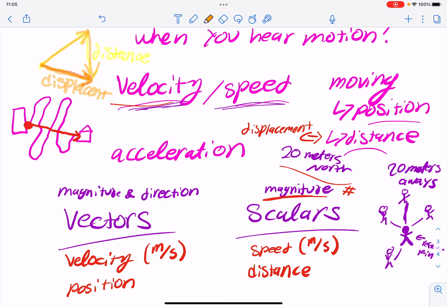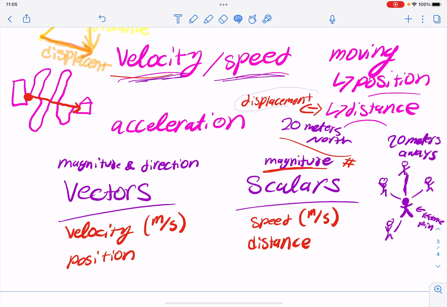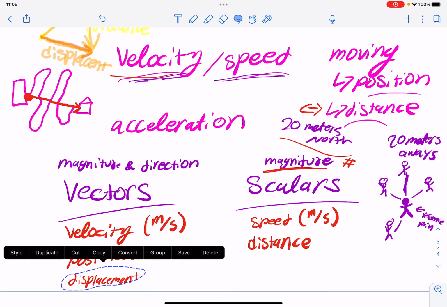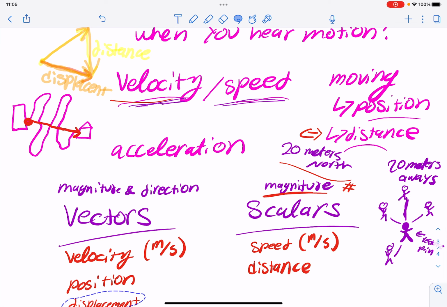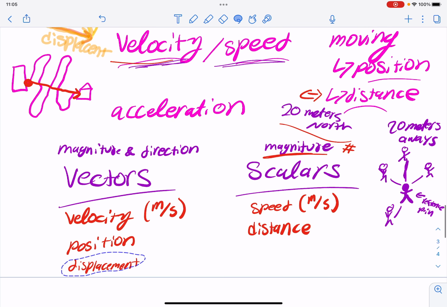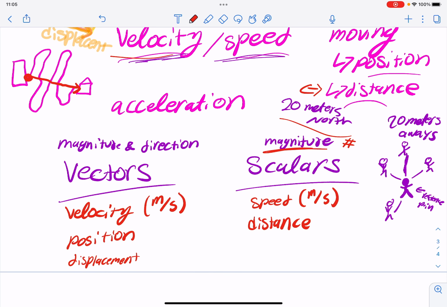So our displacement, would you qualify this as a scalar or a vector? If you chose vector, you're correct, right? Since displacement is the shortest path, from where we started to where we ended, we have to give it a direction. Now, all of these are going to be measured in meters. Obviously, the vectors would have a direction and the scalars would not.